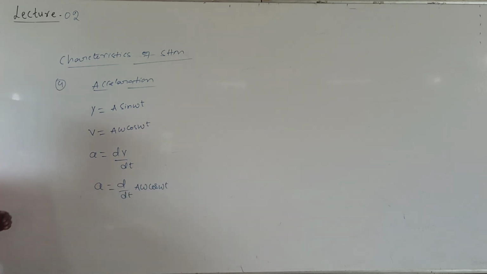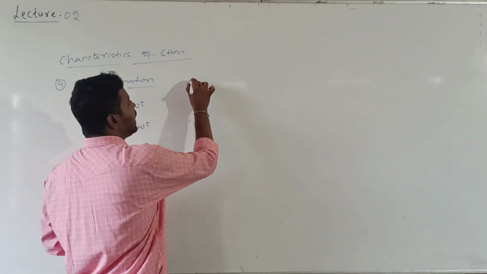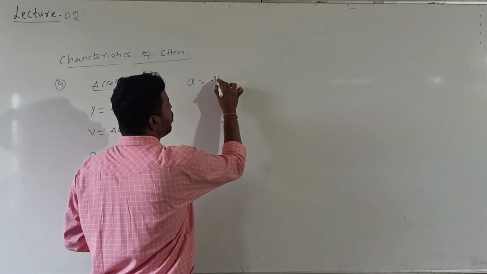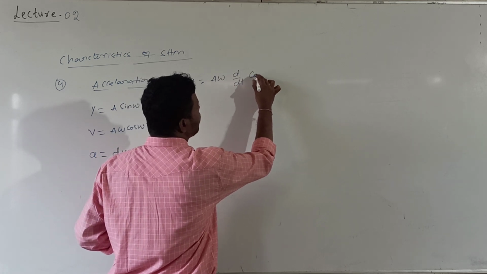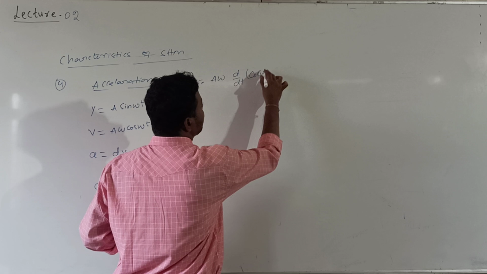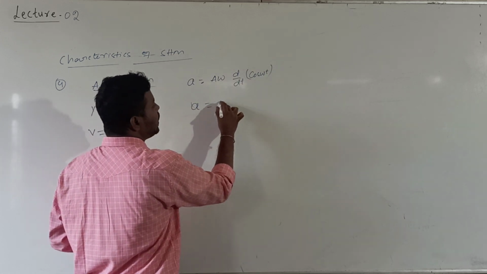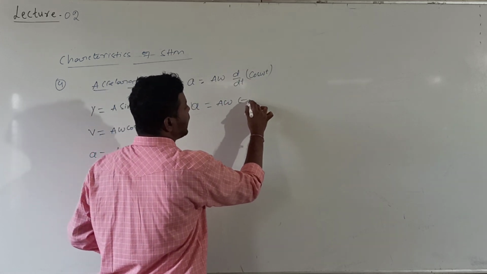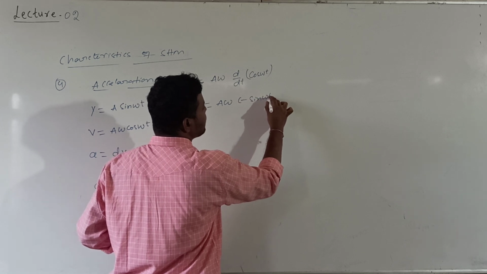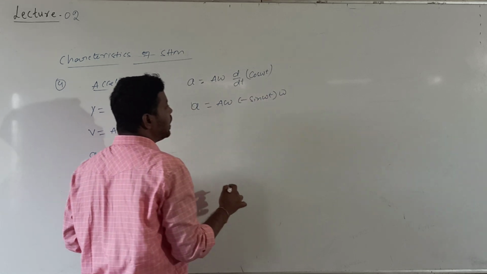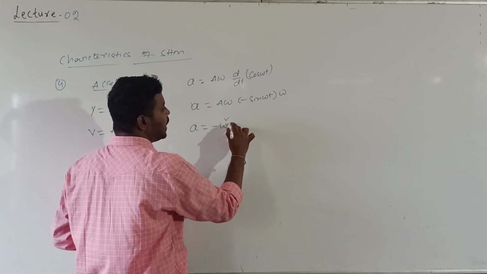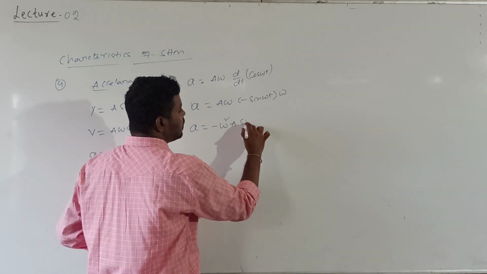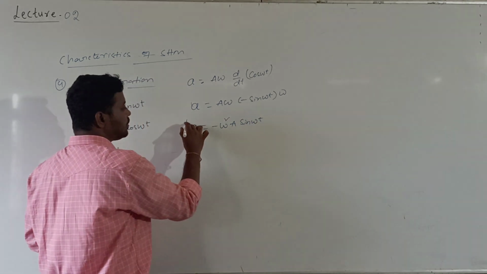Here you need to do differentiation. Here a omega is constant, and we need d by dt of cos omega t. The derivative is minus sin omega t into omega, which gives a is equal to minus omega square a sin omega t.